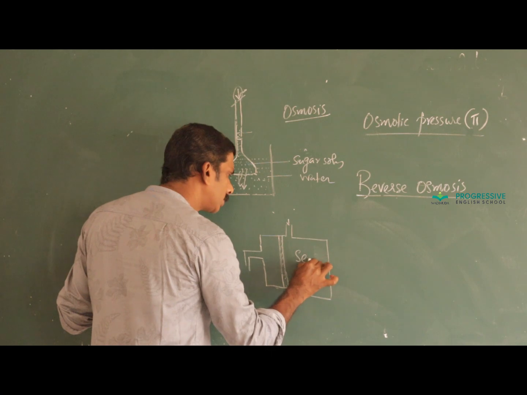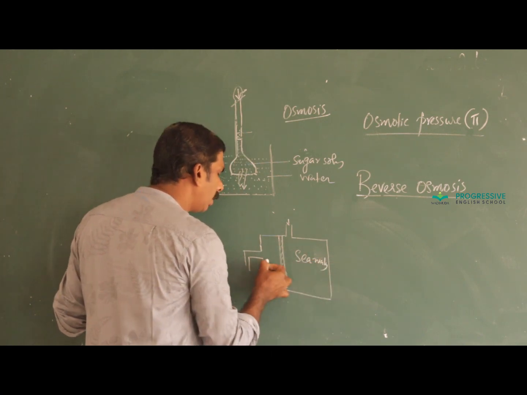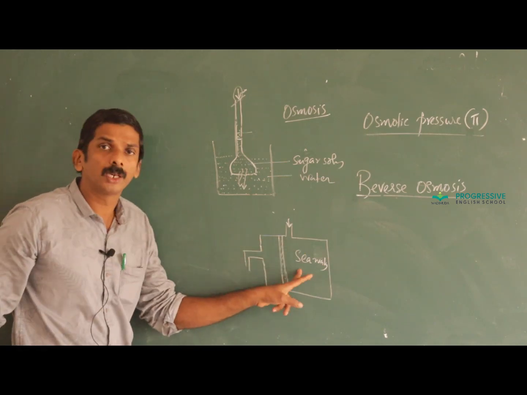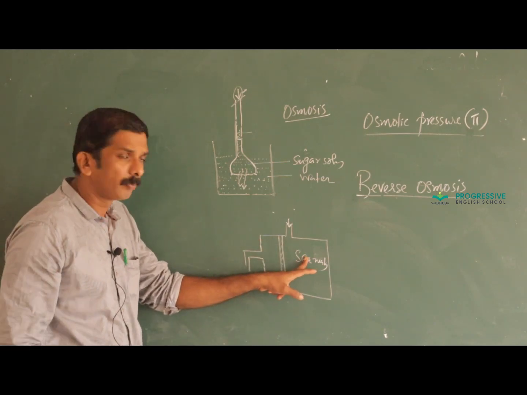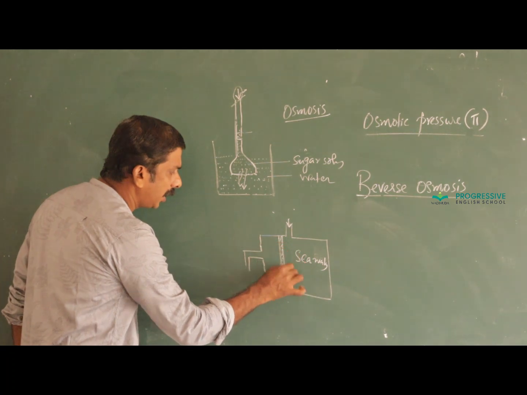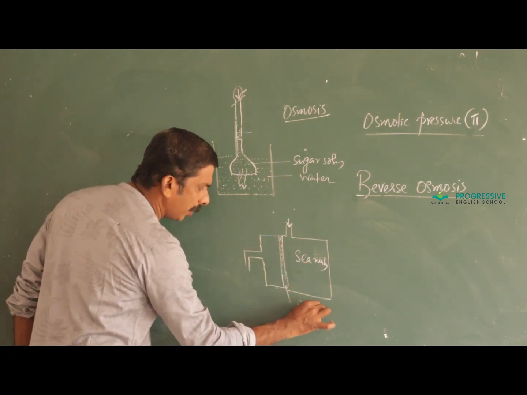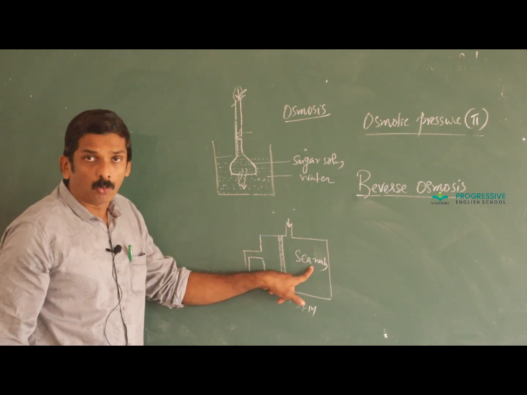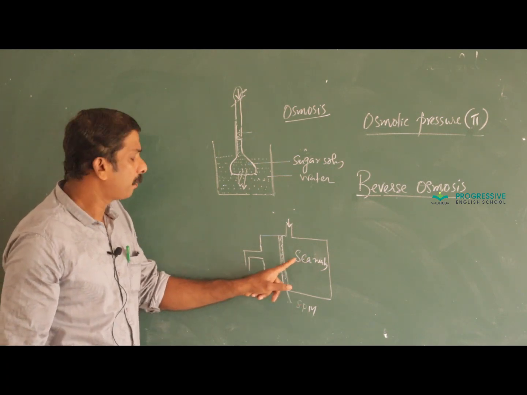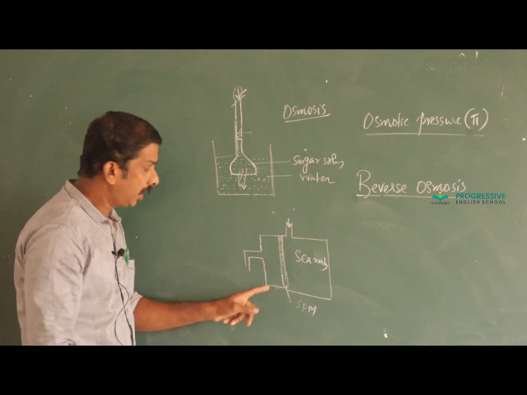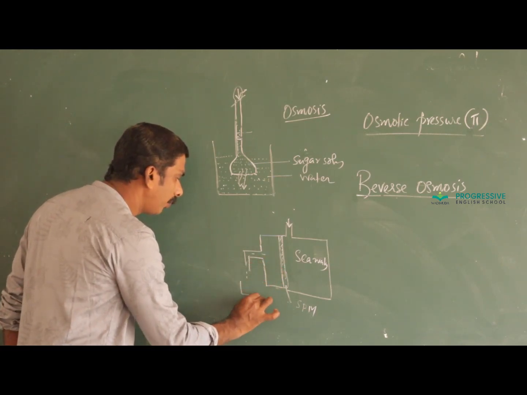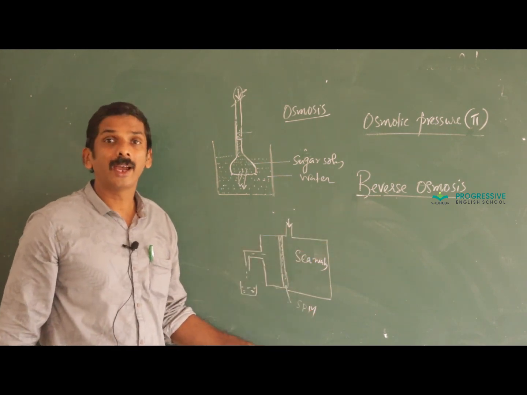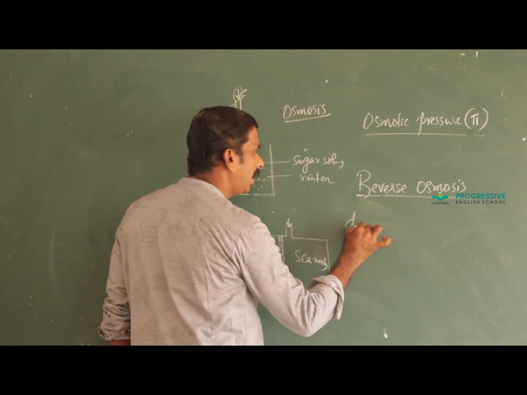Here we take sea water, and when high pressure is applied to the sea water side, it is separated by a semi-permeable membrane. Pure water from the sea water passes through the semi-permeable membrane. As a result, we get pure water. That is called the desalination process.